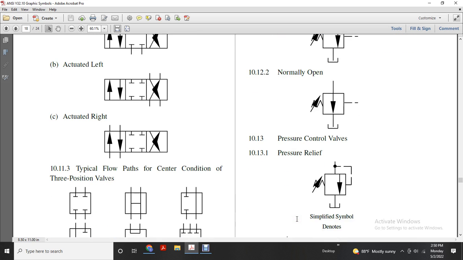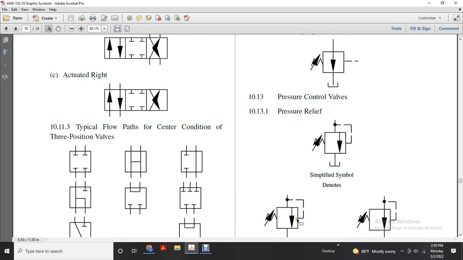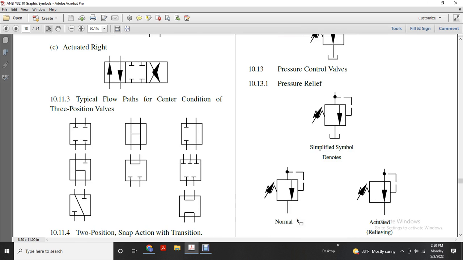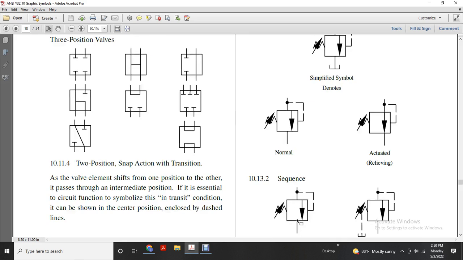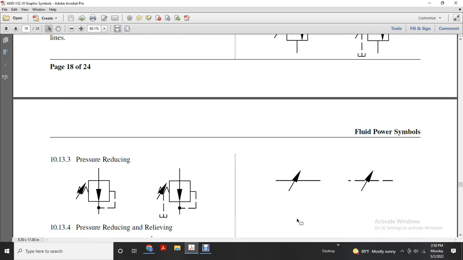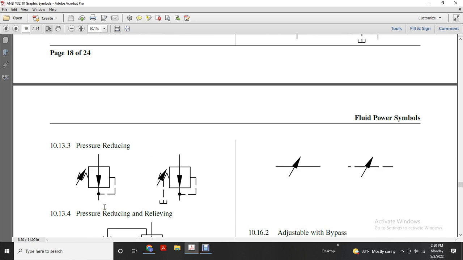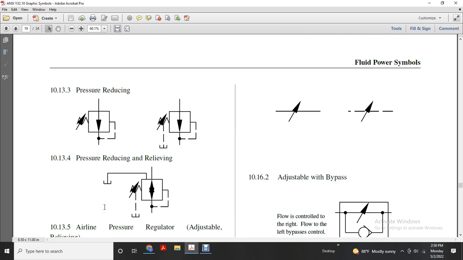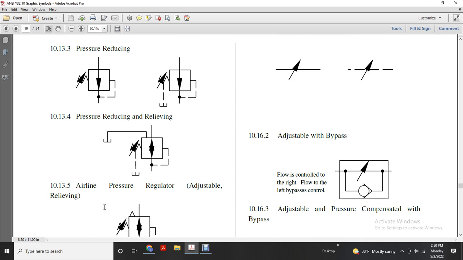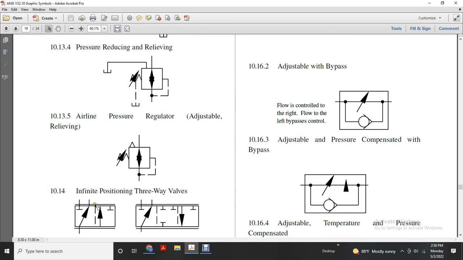Pressure control valve, pressure relief valve. Normal, actuated, relieving. Sequence, pressure reducing, relieving. Airline pressure regulator, adjusting, relieving.